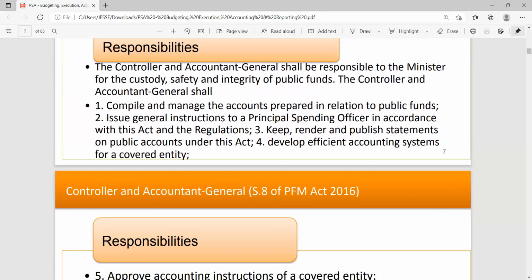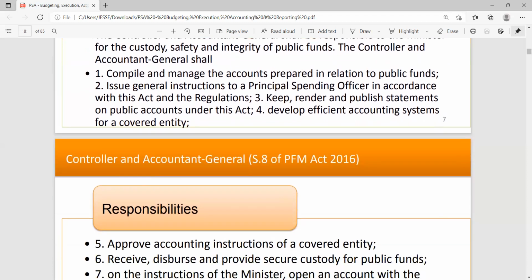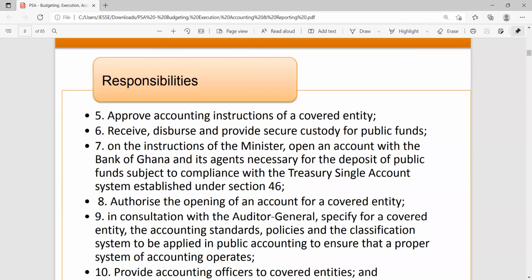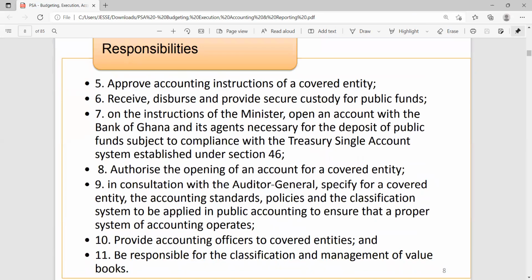So typically what an accountant will do, right? They also approve accounting instructions of a covered entity. They receive, disburse, and provide secure custody for public funds. So custody for public funds is very, very crucial. So they also do that as well.